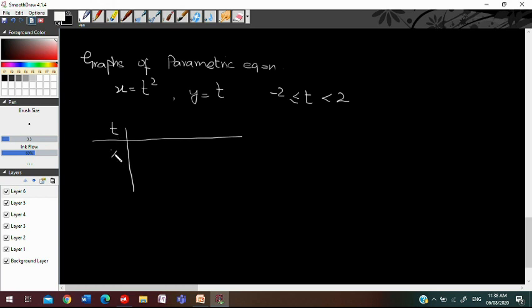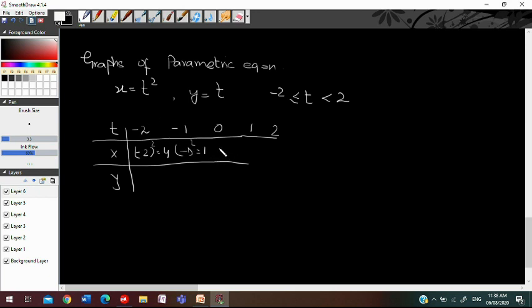T, then x, then y. Let's say we have different values of t: -2, -1, 0, 1, 2. For these values you can calculate x. When t is -2, x is (-2) square, which is 4. When t is -1, x is (-1) square, which is 1.